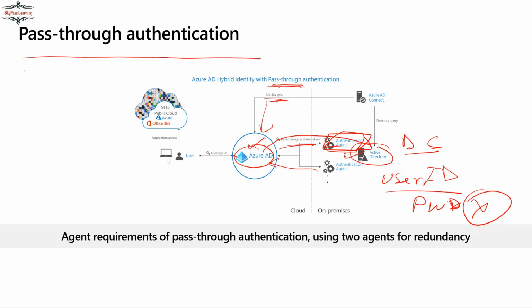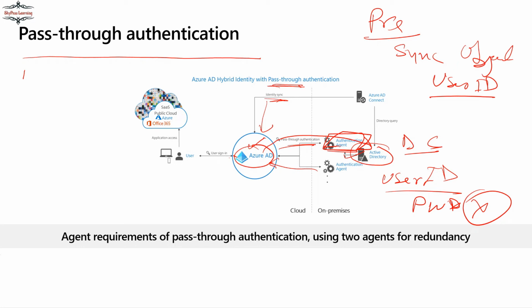For example, as step number one, first we take a prerequisite. The prerequisite is syncing of your objects, that is your user ID. The user ID must be synced to the cloud. That responsibility is handled by Azure AD Connect Sync, or we can say Azure AD Connect Cloud Sync. That component ensures the syncing of your user ID to Azure Active Directory. Once this data is synced, then as step number one, if the user is trying to log in, the user sends a request for the login.